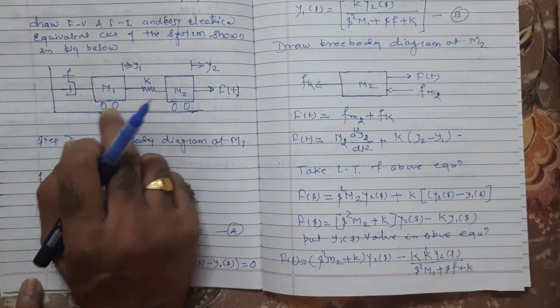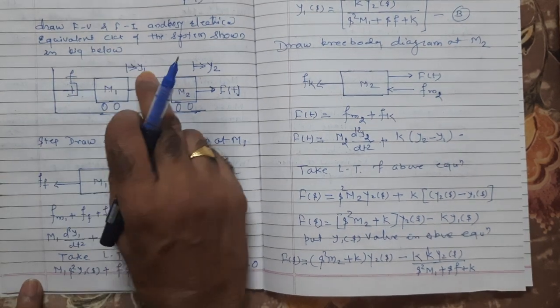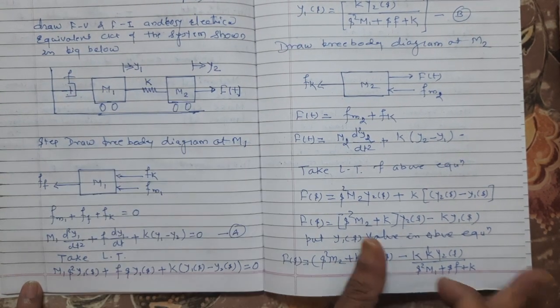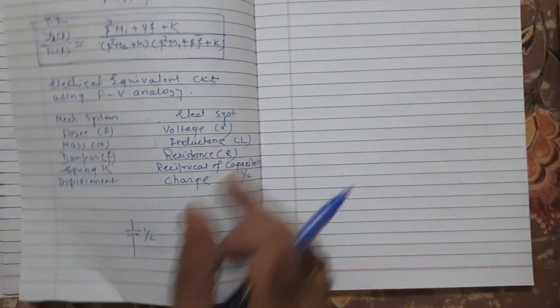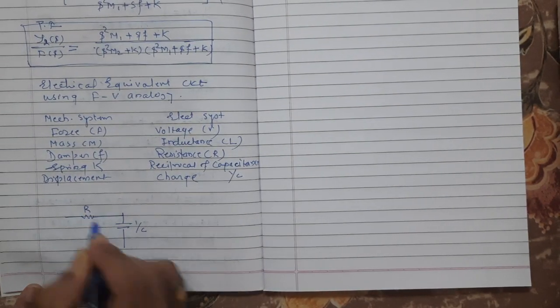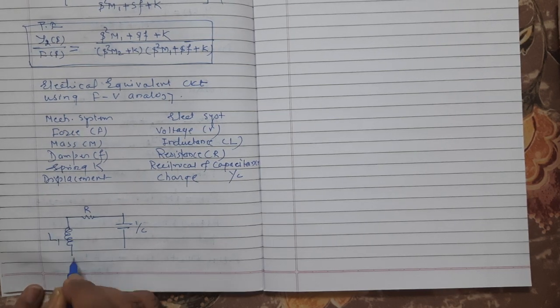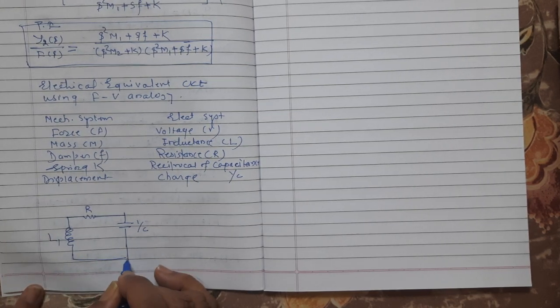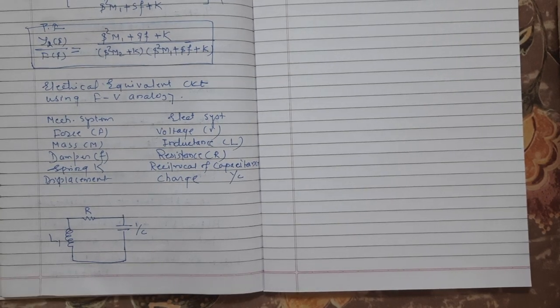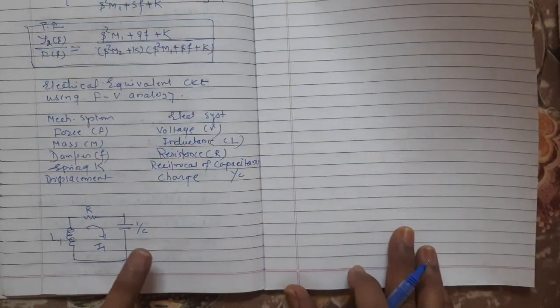That means both the components are carrying the same current, that is I1. So we will write down here, this is R, and this is the inductance, that is L1, that is M1. Now see here, this is I1. So this is our first loop.